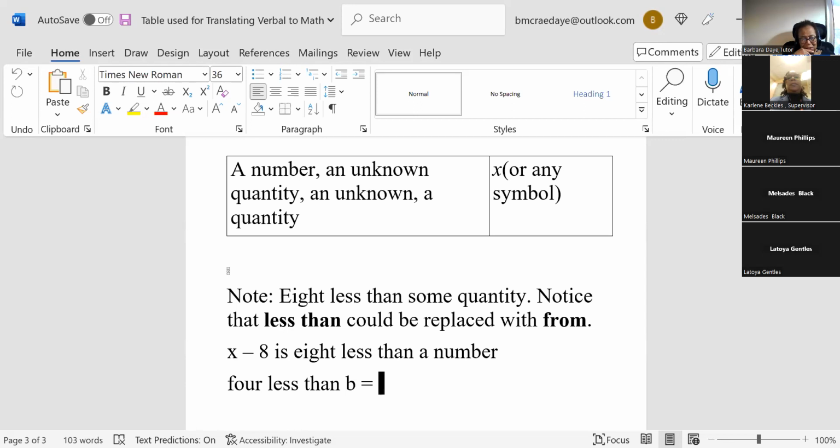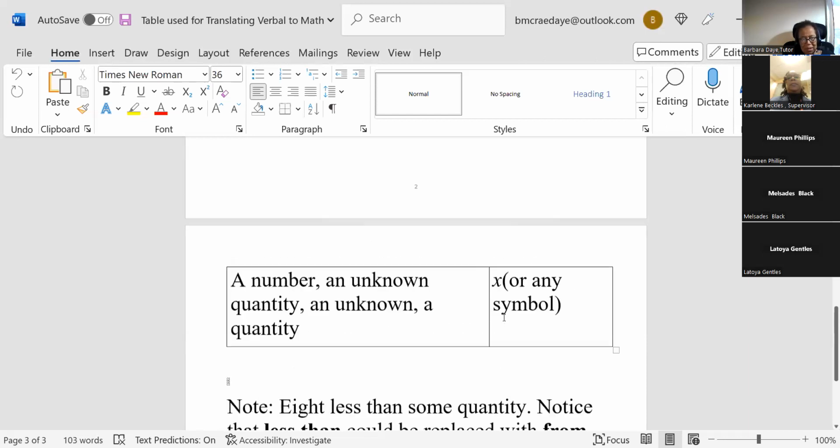I'm translating this to the math. Yeah. You're going to write the sign that says less than. We're not talking greater than, less than now. We're talking about translating from the verbal to the math. Yes. All right. I thought it meant one of the inequality signs. No, we're not talking inequality now.